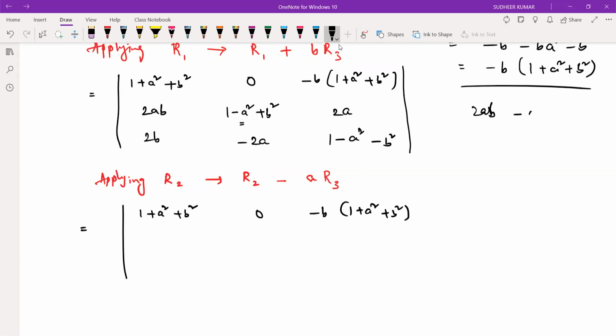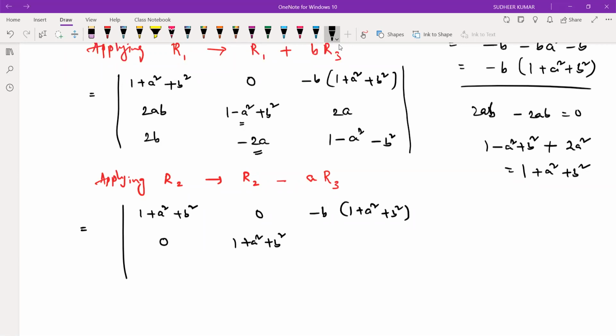Multiplying 2B by A is 2AB, we are subtracting, so this is 0. And the next one is 1 minus A square plus B square minus this 2A multiplied by A, minus 2A square. So minus of minus, plus 2A square. So this is 1 plus A square plus B square.